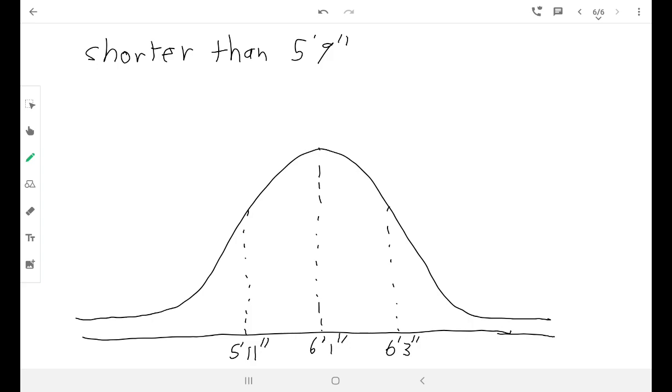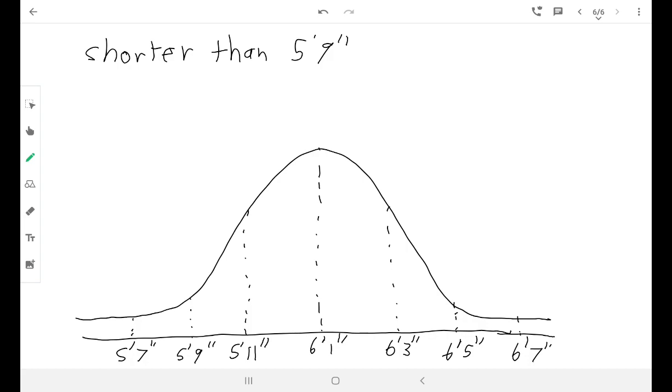If you go 2 standard deviations away, you go another 2 inches shorter, so 5'9". Another 2 inches taller, so 6'5". And then you could do one more. 2 inches shorter would be 5'7". 2 inches taller would be 6'7".